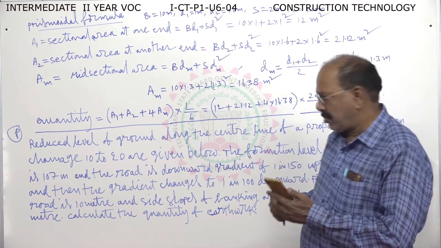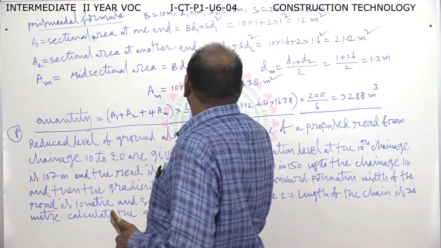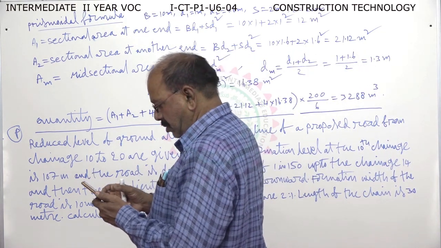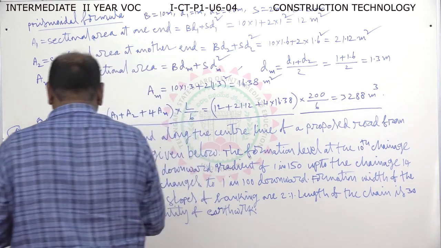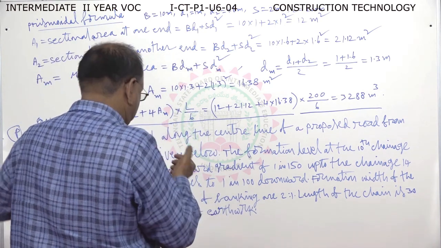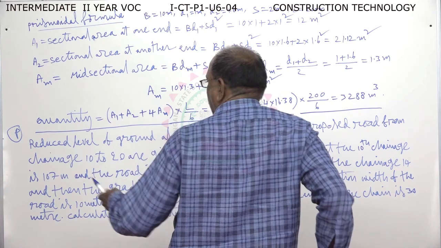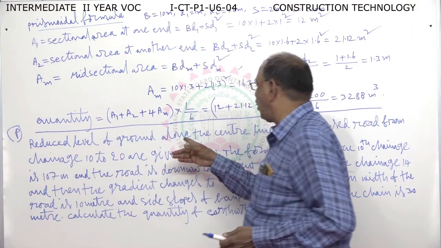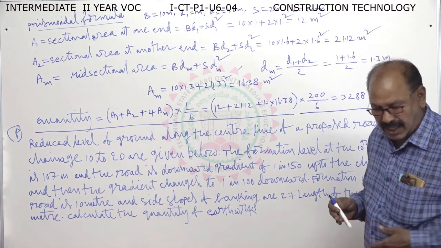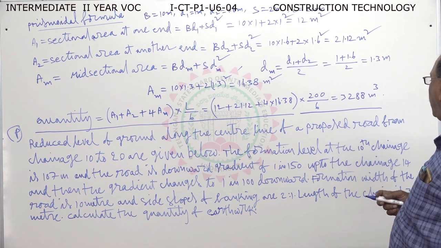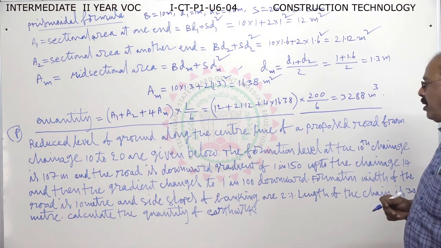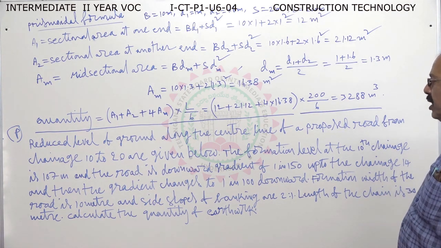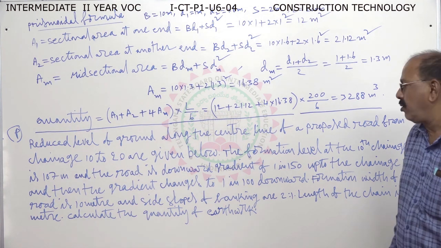Next problem. So with this, we have finished this problem. Now, there is another problem. The reduced levels of the ground along the center line of a proposed road from chainage 10 to 20 are given below.